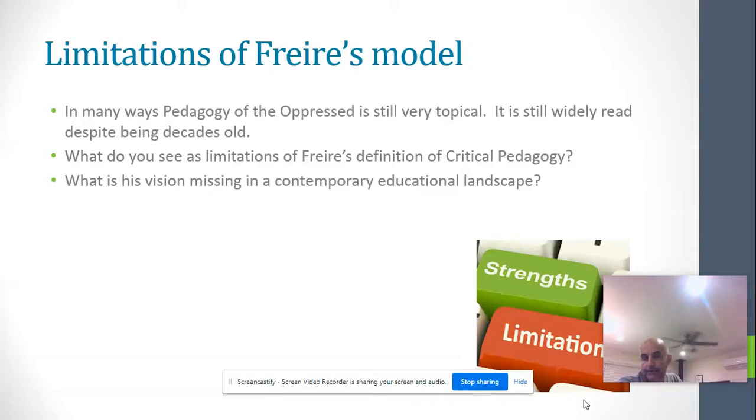Here, I'm looking not at strategic limitations but at conceptual limitations. How has it aged? What's missing in 2021? Is there something Freire didn't foresee that we now need to discuss? Does this theory need to be adapted to the 21st century? Do we need to add to Freire's model to address the needs of 21st century education, or to make it possible to implement in 21st century education?